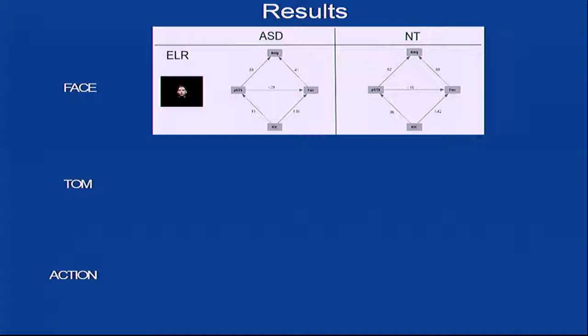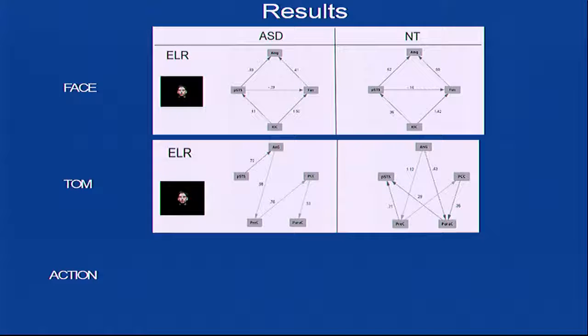So for the face recognition task, the networks were very similar, although you can't see the little numbers attached to these edges, they're not too different either. So there was no differentiation between subjects who were neurotypical and autistic spectrum on face recognition. On theory of mind, the results were striking, right? We have a substantially different network among autistic spectrum subjects and neurotypical subjects.